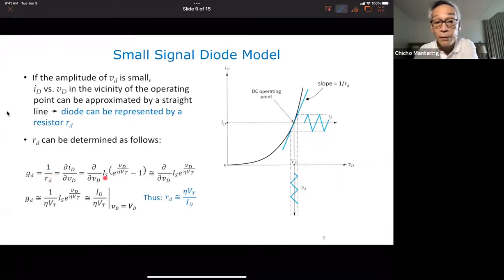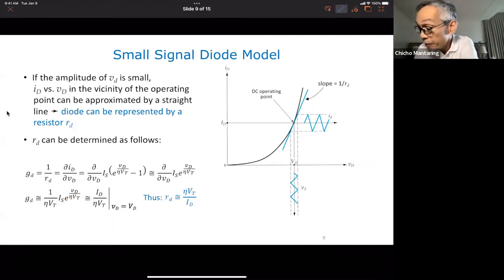So if I assume that V sub d is a normal value of V sub d, this one becomes negligible. So we explained that earlier. So this is my expression. If I try to get the derivative now of this with respect to V sub d, this is what I'm going to get. But notice that I sub s e to the V d over eta V t is equal to I sub d.